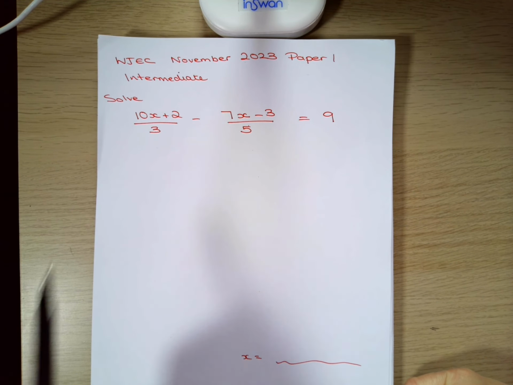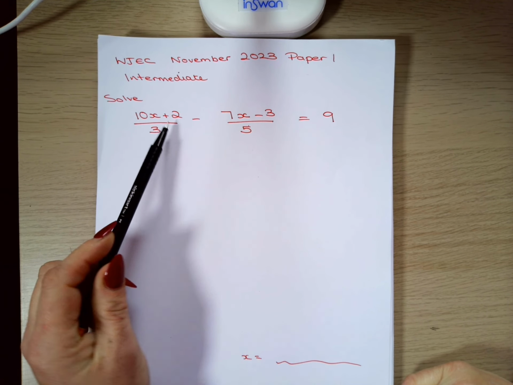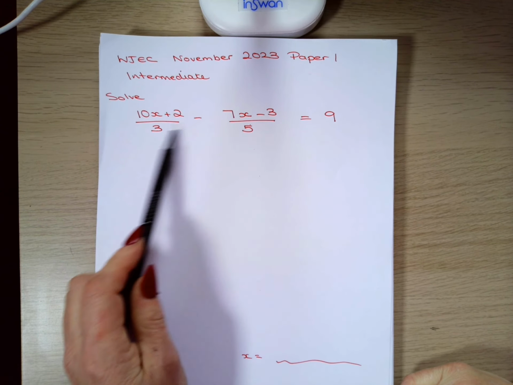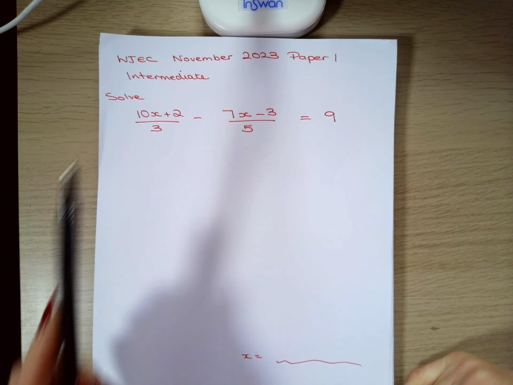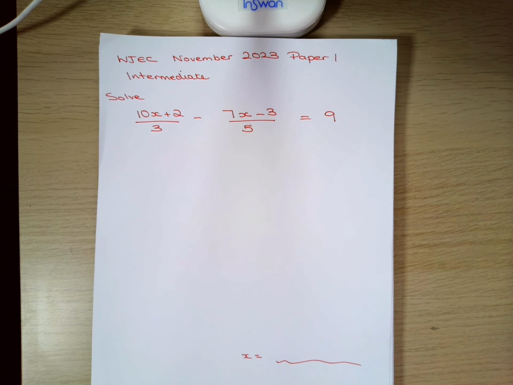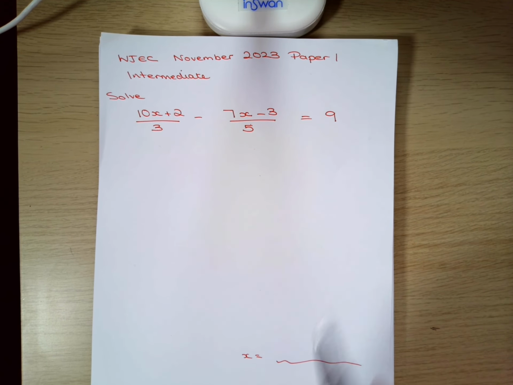On the left-hand side you've got letters and numbers. We are going to systematically strip away everything so that we're leaving the x on its own. How we do that is based on always doing the opposite of what a particular number or letter is doing at the moment. We'll go through that step by step now.